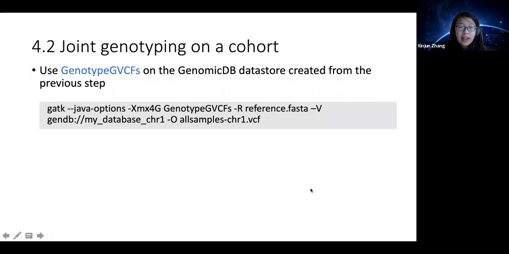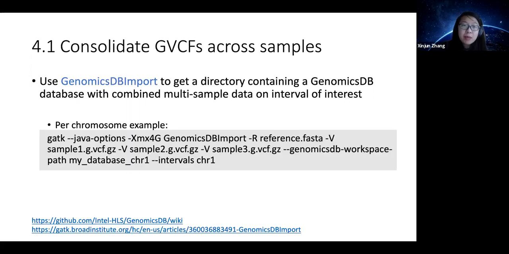So after we run that, we're ready for our last step, which is to genotype this joint VCF. The previous step, GenomicsDBImport, even if it doesn't give us a specific file, creates a database that contains all the information from the GVCFs of all of our samples.